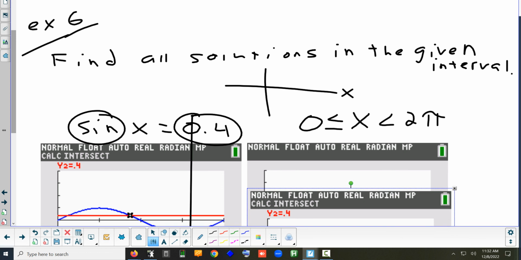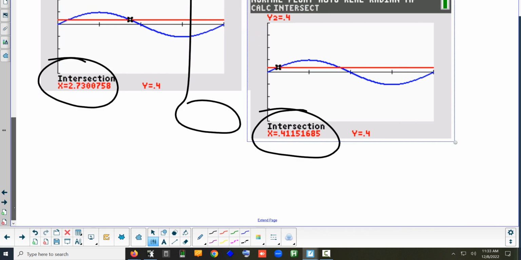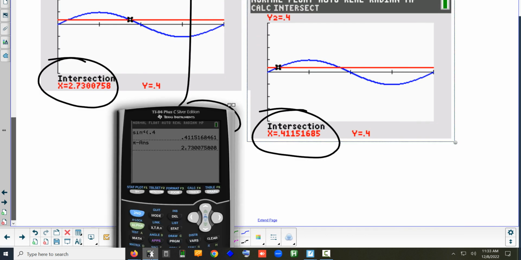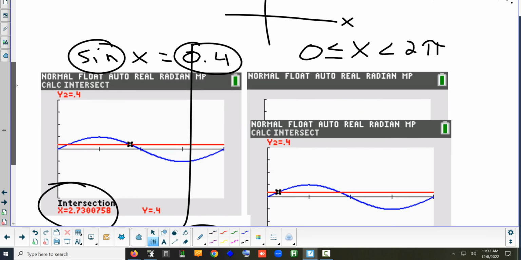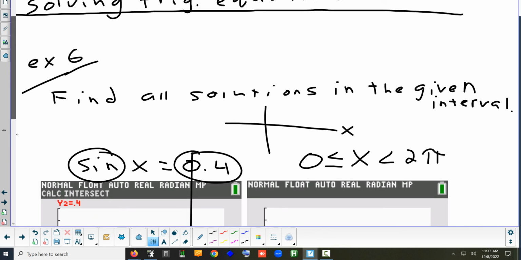It depends on what function you're using, and it depends on if this number is positive or negative. But it's a lot faster once you know how to do it algebraically than it is graphically. But for now, any questions on the graph? Okay, the graph, it'll work.